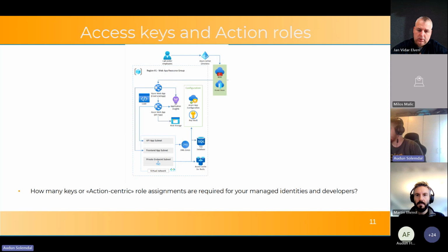First off, if you look at this diagram, I found it from the Azure Well-Architected Framework. The question I have is, how many keys do you think are needed for, let's say, this Azure API app to gain access to? Don't focus so much on the network, but focus more on the services.